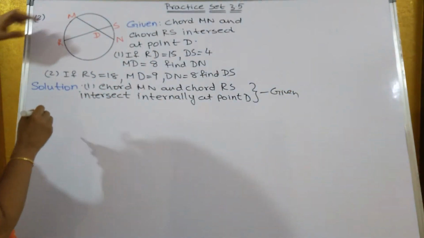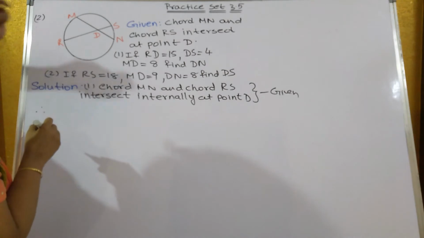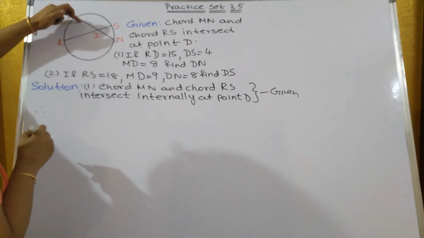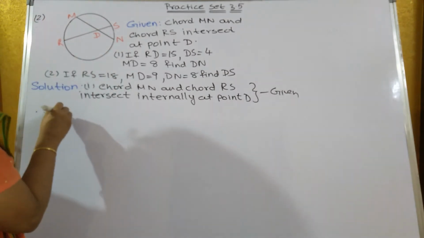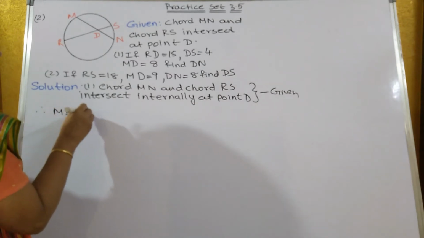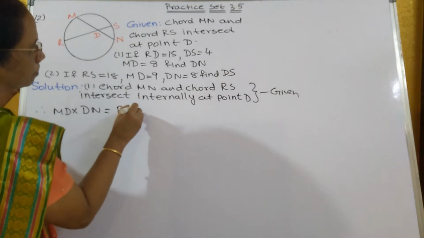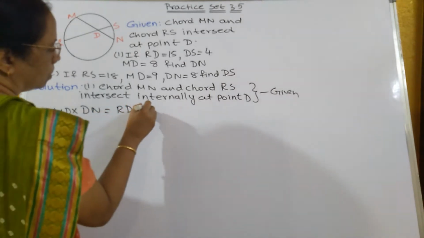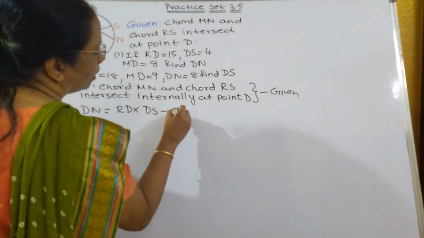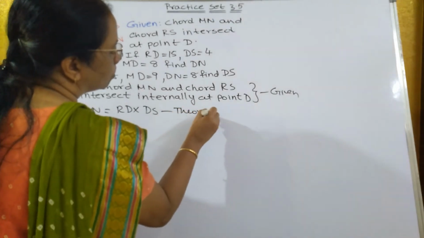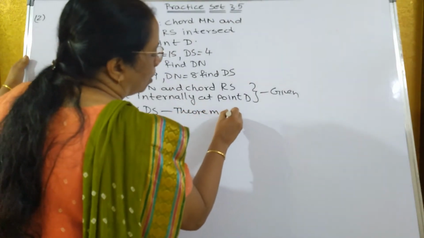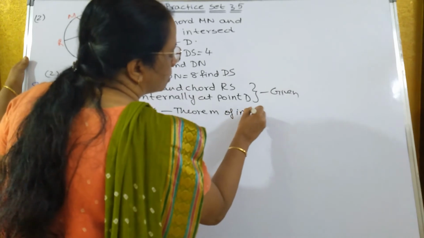Therefore, whenever chords are internally intersecting, the formula is MD into DN is equal to RD into DS. Reason what you'll write? Theorem of internal division of chords.